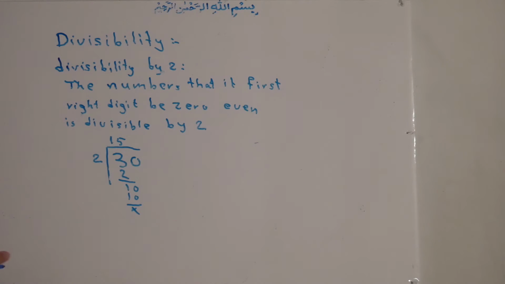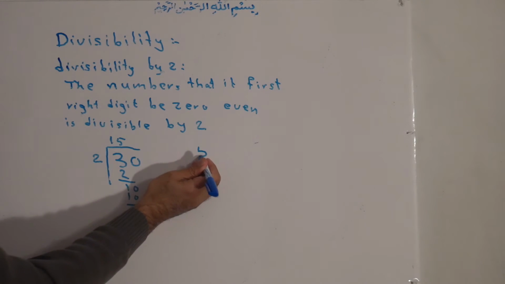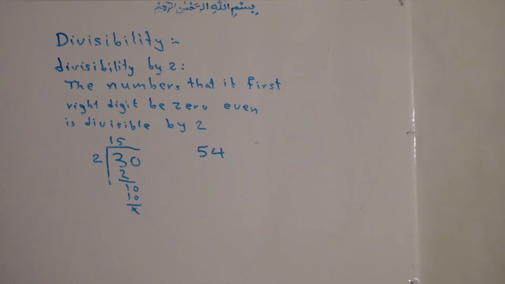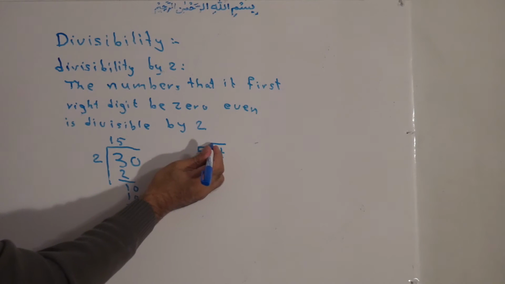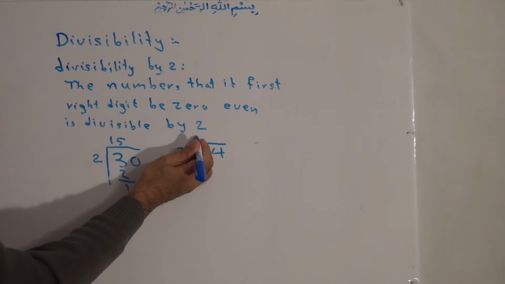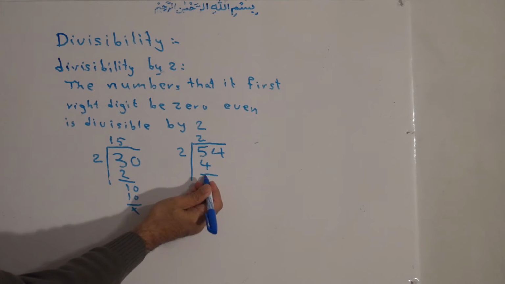Or we do another example, 54. The first digit is 4, 4 is even, so this is divisible by 2. Now we check whether this is correct or not. Yes. 2 times 2, 4, 5 minus 4, 1.